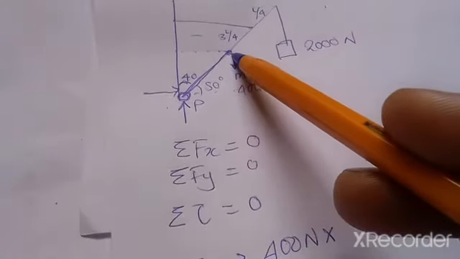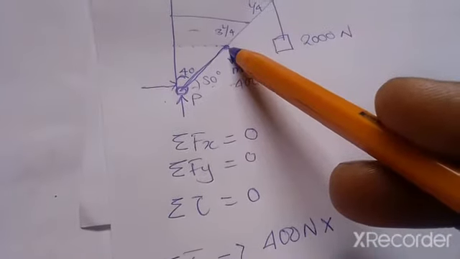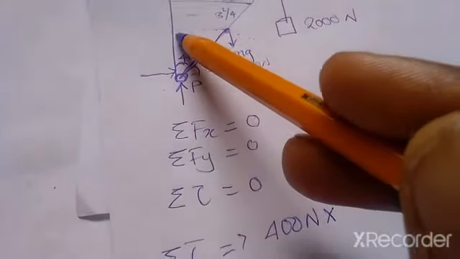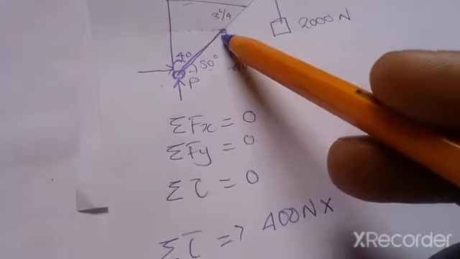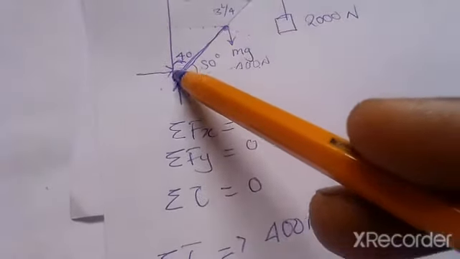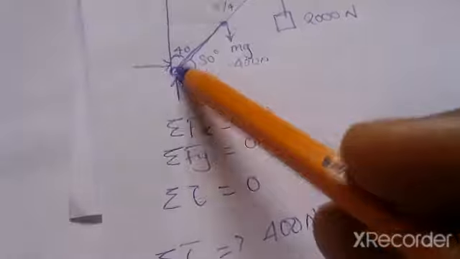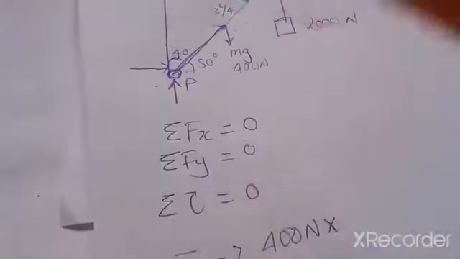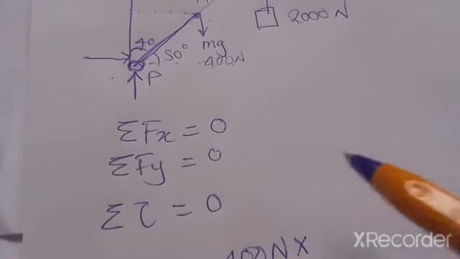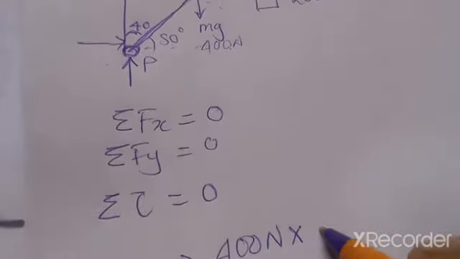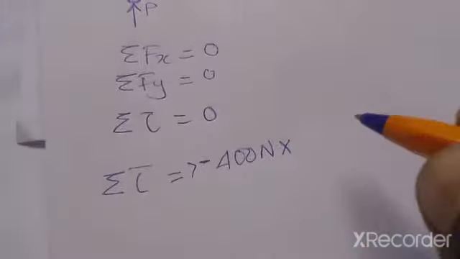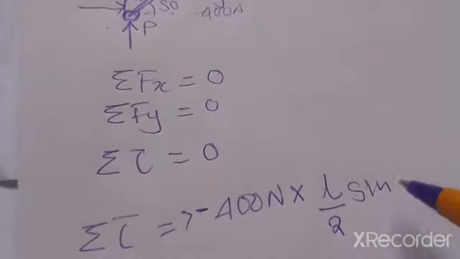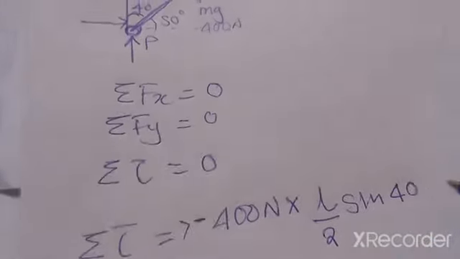Since this is acting at the center of this boom, we are going to have this as L over 2. And the distance from here to here is going to be the sine of the angle 40 degrees. So the torque will be, of course this is negative since it's clockwise, L over 2 multiplied by sine 40. That's that.